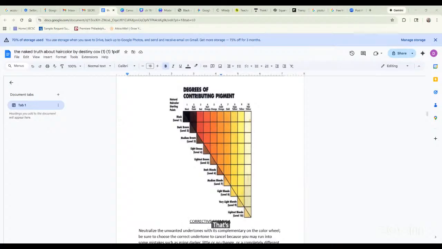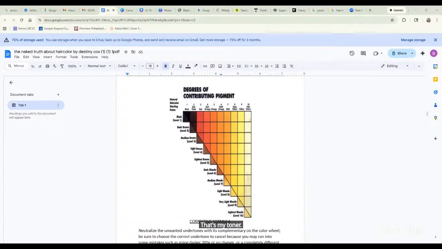That's what I'll go get at the store. And really, it'll look like this, 8BV. That's my toner.